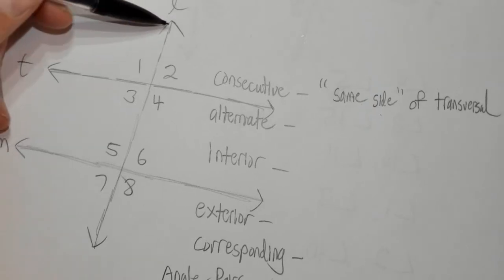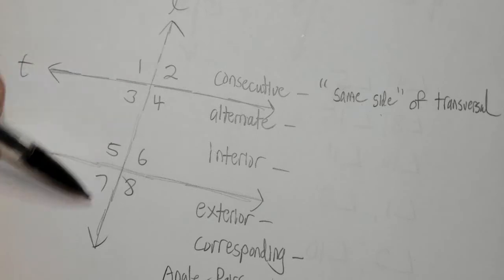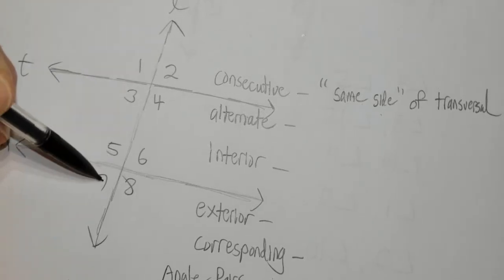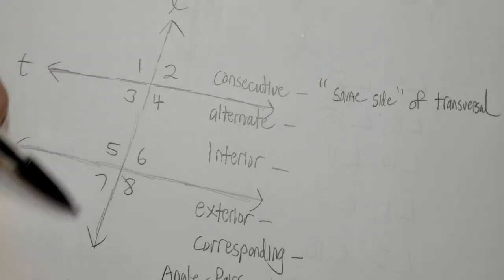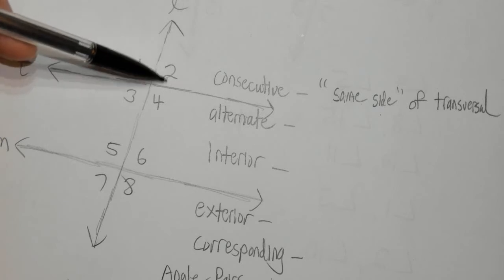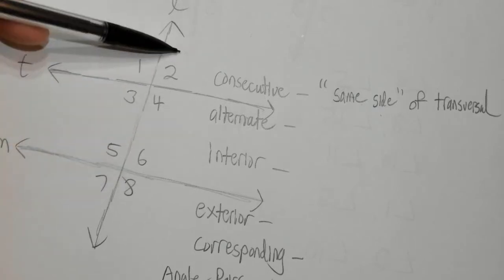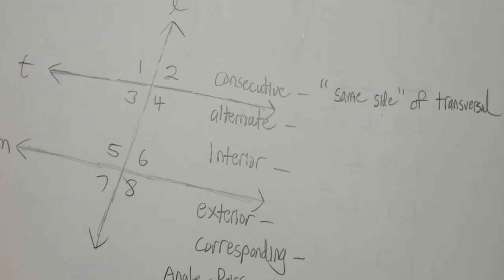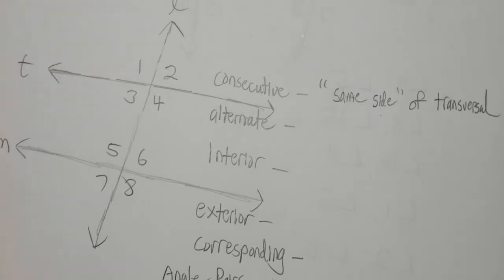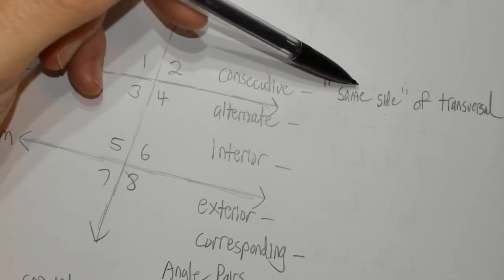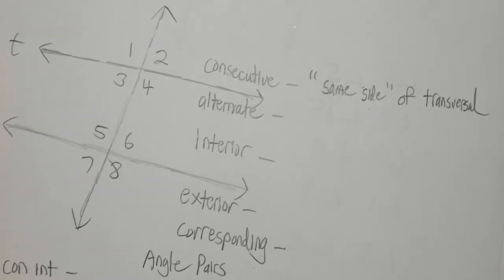For example, since my transversal here is L, angles 1, 3, 5, and 7 would be considered consecutive angles because they are on the left hand side of the transversal, and angles 2, 4, 6, and 8 would be considered consecutive angles because they're on the right hand side of the transversal. Okay? Now, some resources refer to consecutive angles as same side angles. So you will hear those two words used interchangeably.